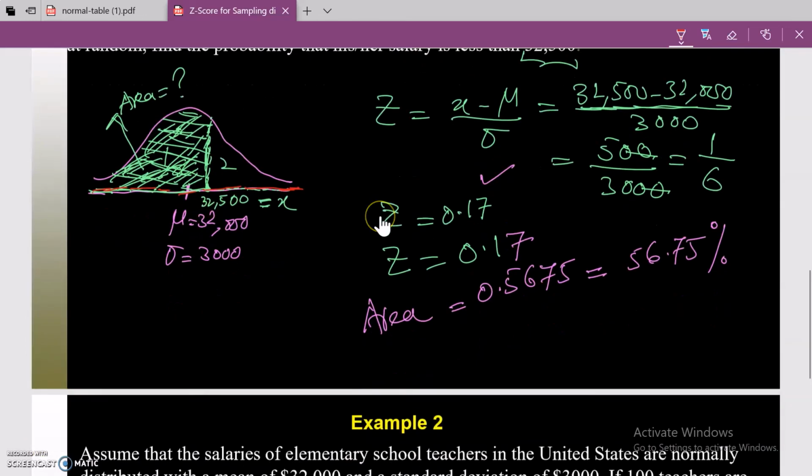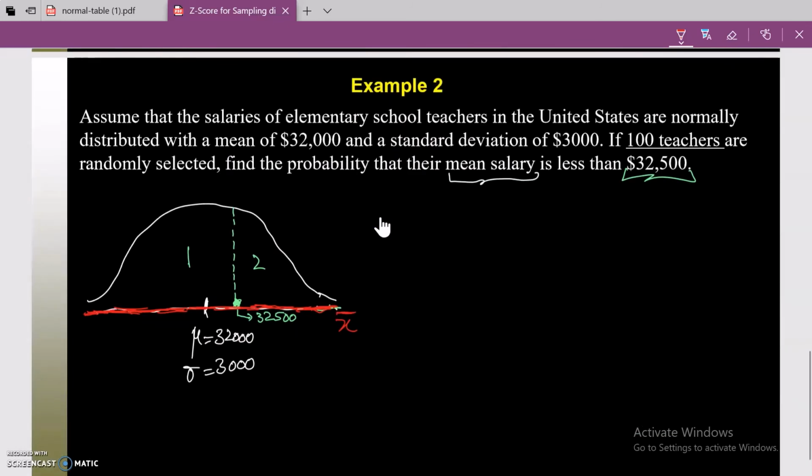But look here, in this example, this is my X bar, right? So this is very important that you understand. Another difference, let me show you the difference here. Here the mean also changes. It's the mean of the sampling distribution. So it will be mu of X bar. And at the same time, it is the standard deviation of the sampling distribution, sigma of X bar.